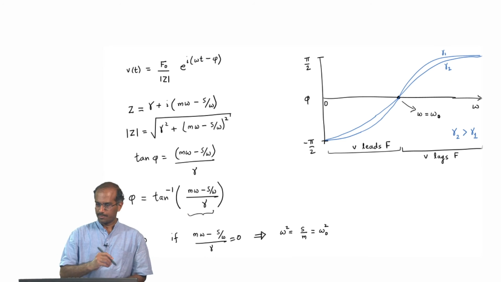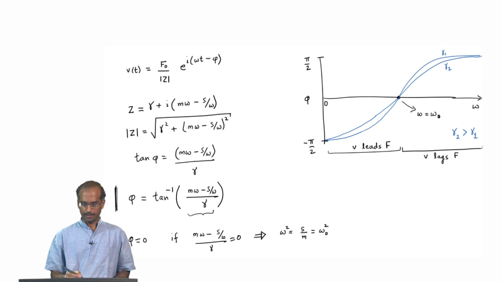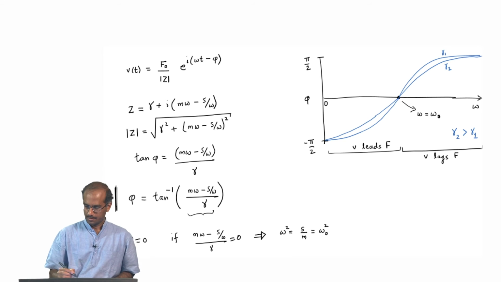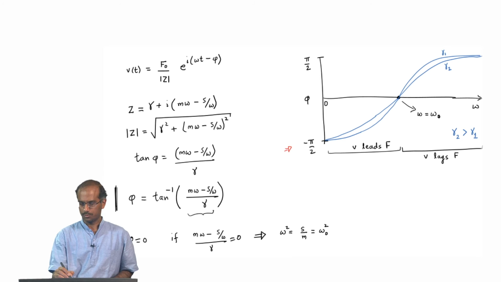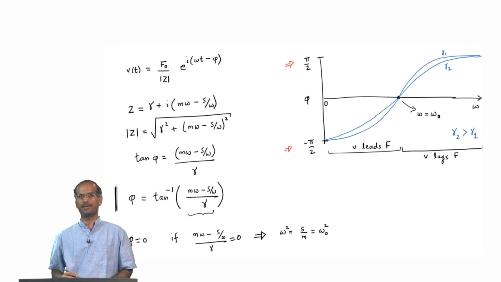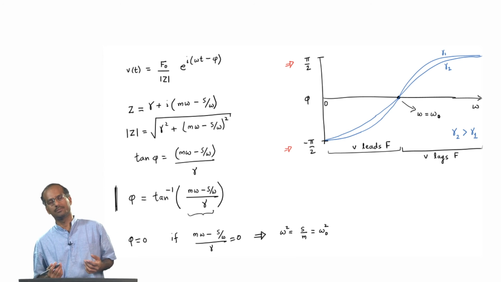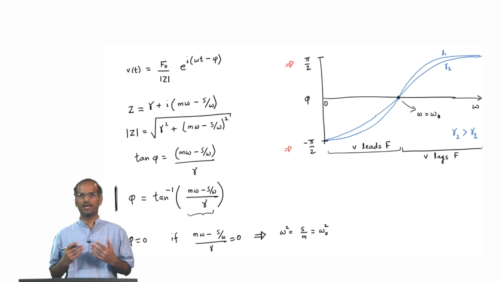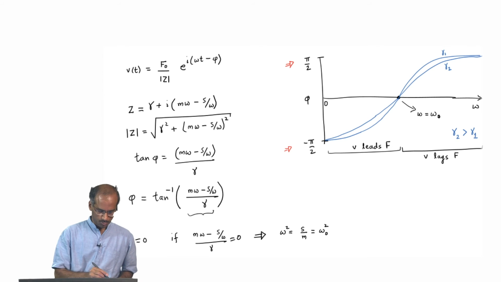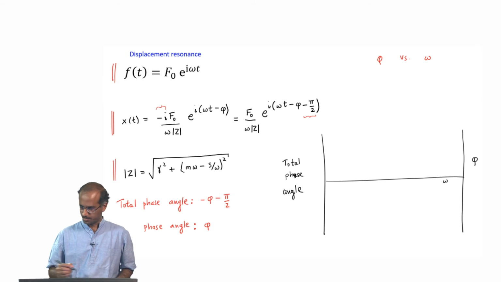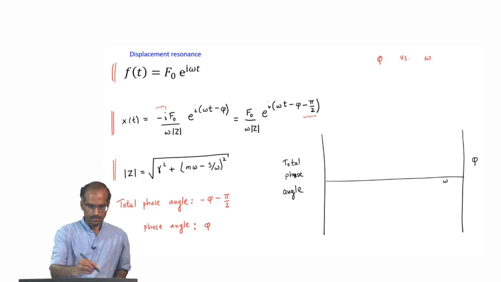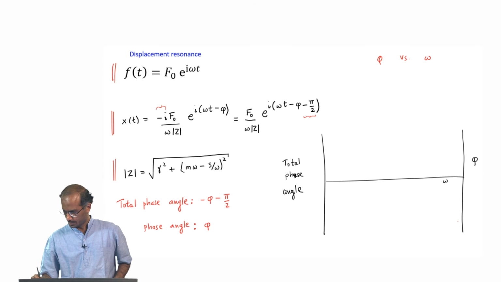If you remember from our previous arguments, phi goes from minus pi by 2 to plus pi by 2, because the expression is still the same whether it is velocity or displacement. So, here it will go from minus pi by 2 to plus pi by 2.